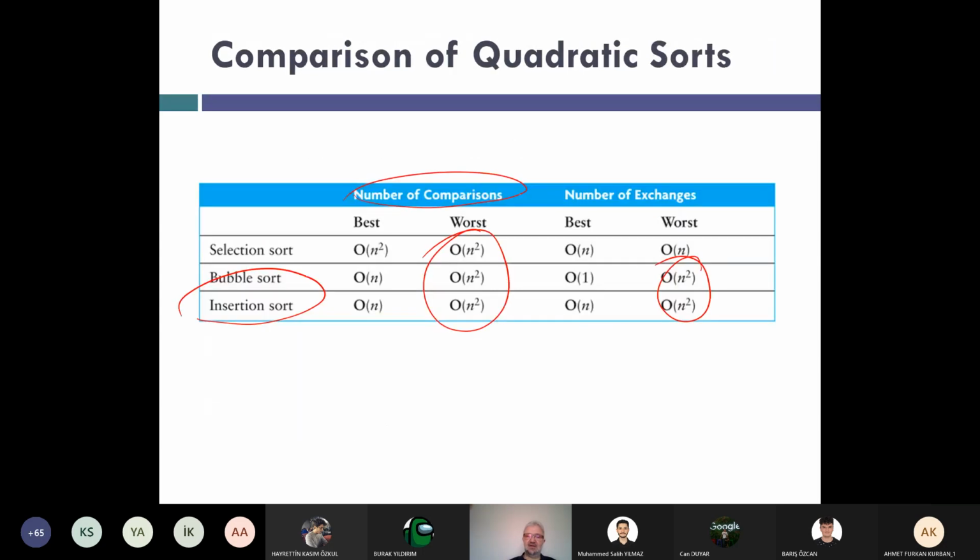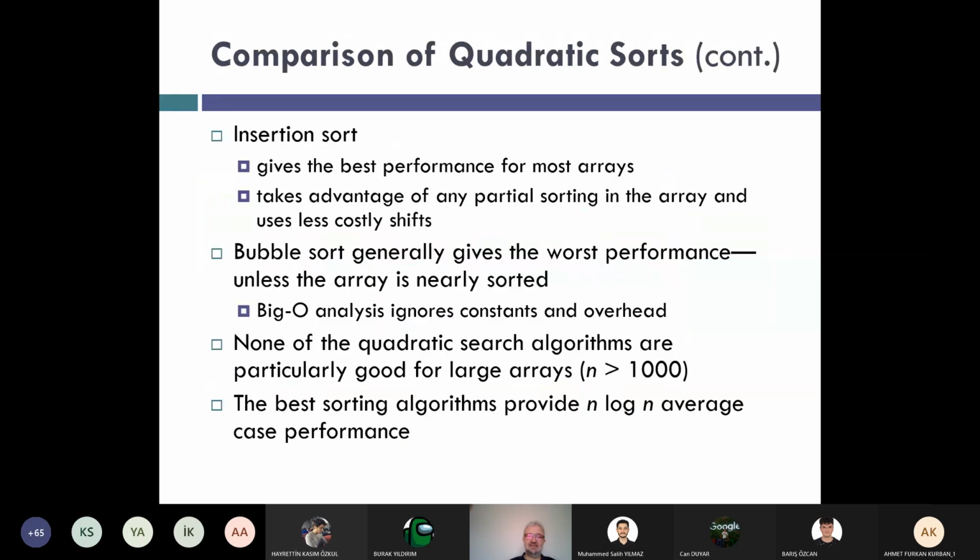When you look at these three algorithms experimentally, comparing the running time T(n), insertion sort performs best.